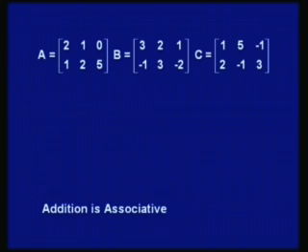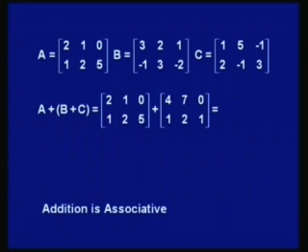If I first add B plus C, then the result is 3 plus 1 is 4, 2 plus 5 is 7, 1 plus minus 1 is 0, and then the second row is 1 2 1, which is the sum matrix B and C. In this I add the matrix A, the result is this matrix.